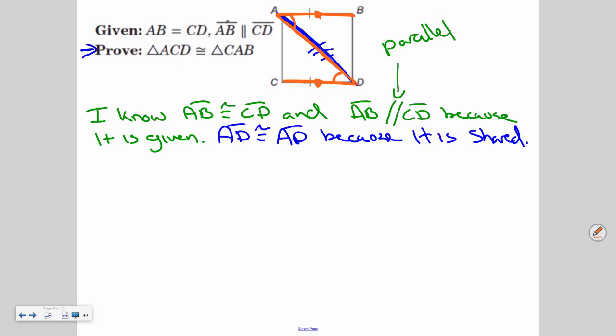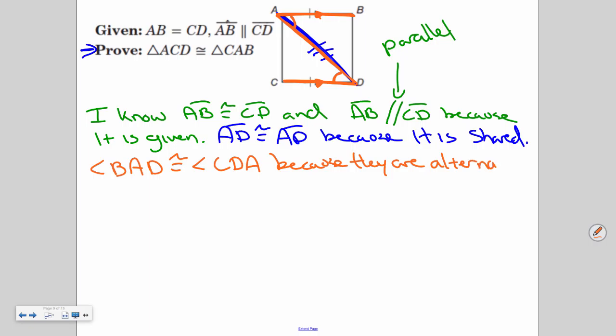Going back to our angle pairs unit, alternate interior angles of parallel lines are congruent. So in my proof, I would say angle BAD is congruent to angle CDA because they are alternate interior angles.